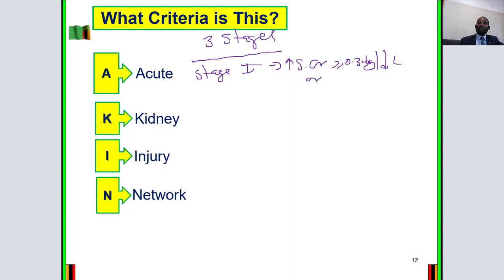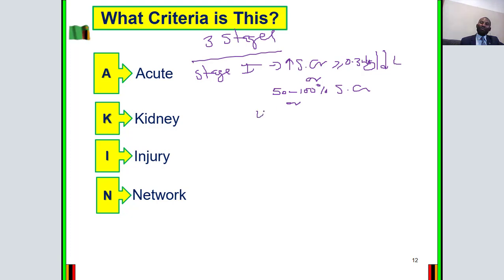Or the serum baseline is 50 to 100%. Okay, that is the baseline of serum creatinine.